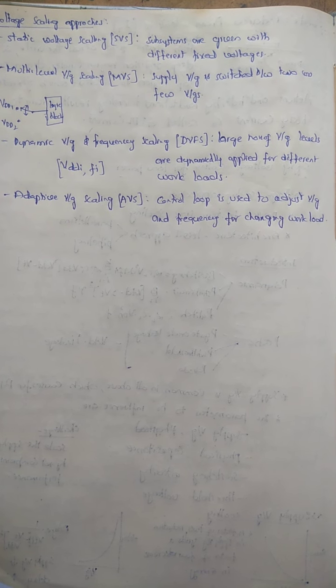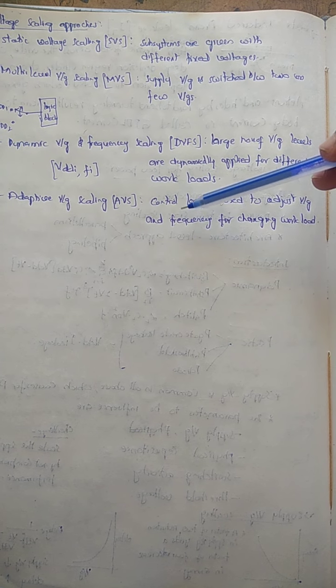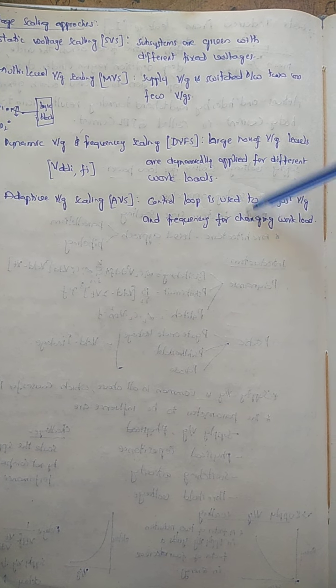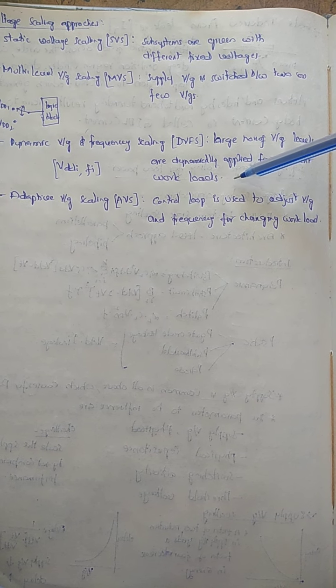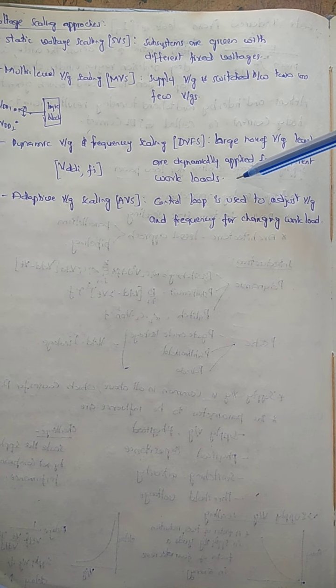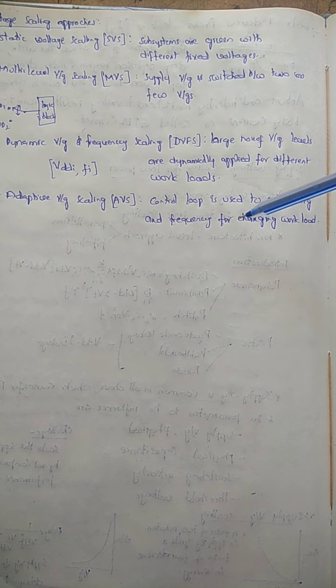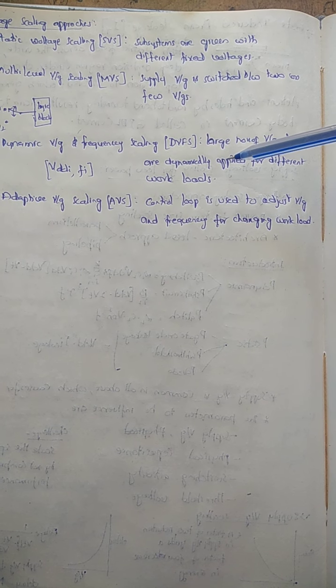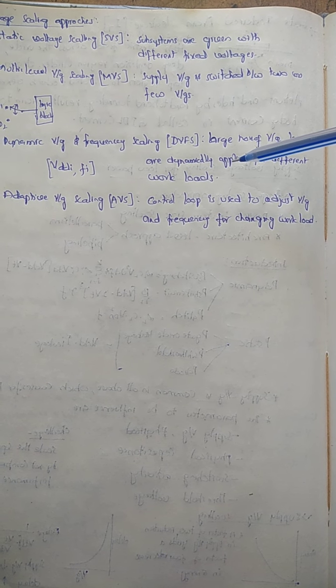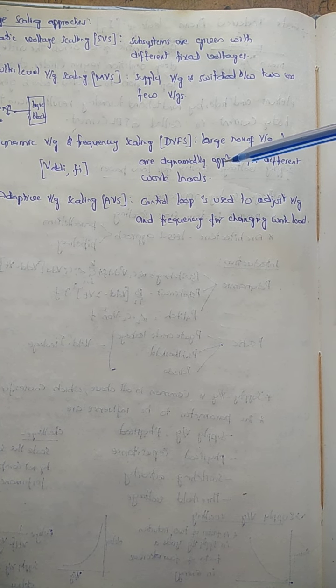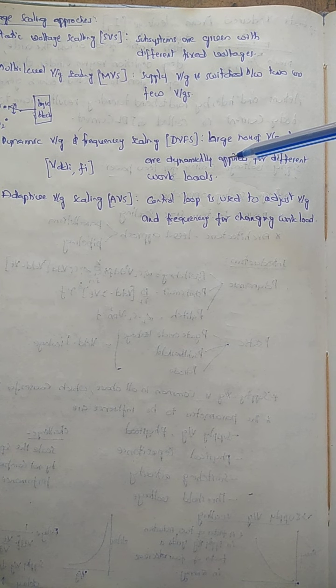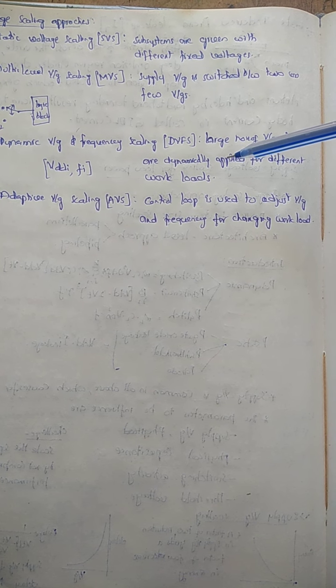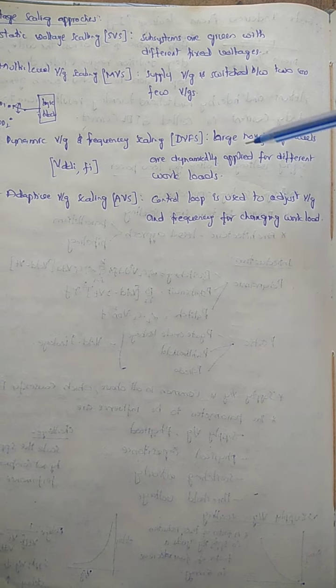But the AVS method is closed loop. At runtime, the performance of the circuit is monitored with the help of on-chip circuits, and voltage and frequencies are decided. It adapts to the changes that occur due to voltage and temperature. Thank you.